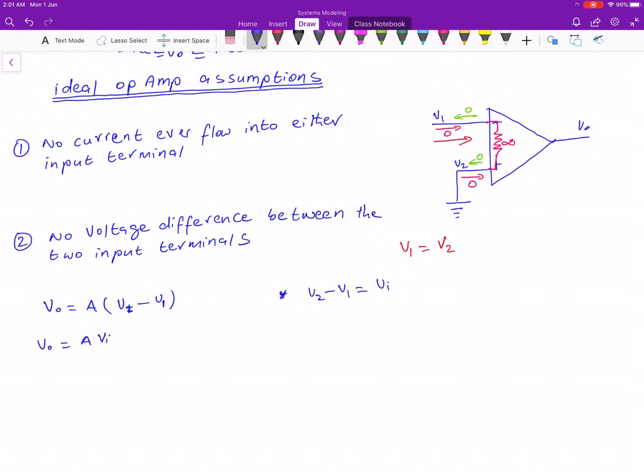Then we can say that V naught is equal to the gain times your input voltage. Most of the time, the reason for an amplifier is to be able to amplify a signal. It has a gain which we call A here.